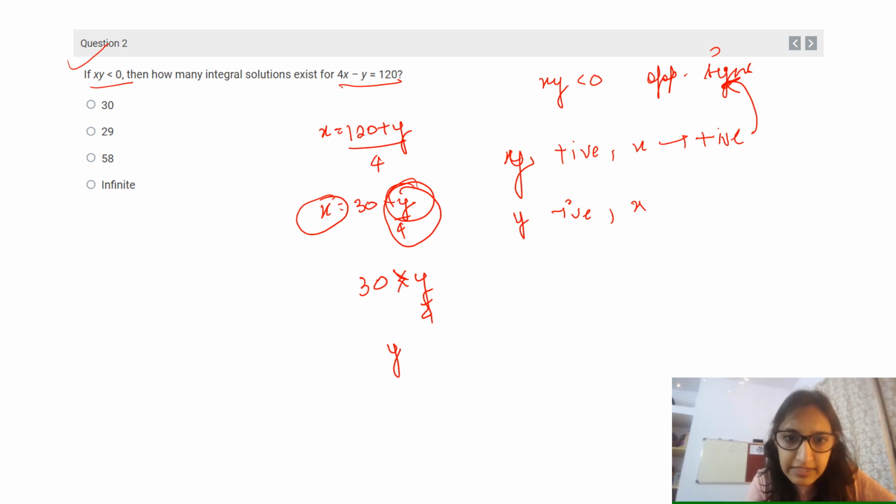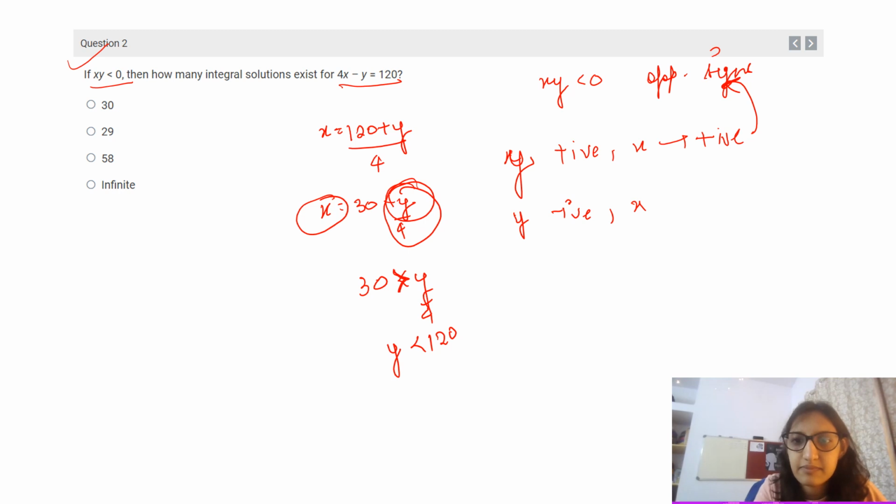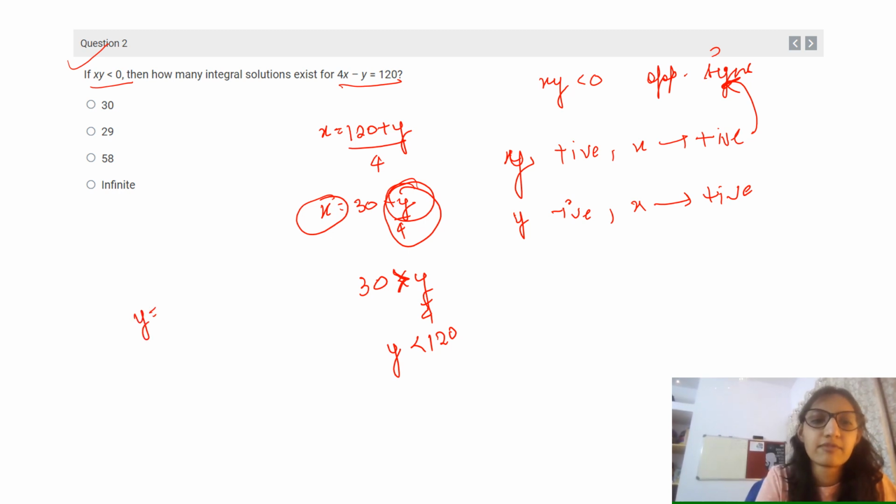sorry, I made a mistake. 30 is greater than y by 4. That means y is greater than minus 120 in negative terms. Till then x will be positive. For example, if y is minus 124, then x equals 30 minus 124 by 4.